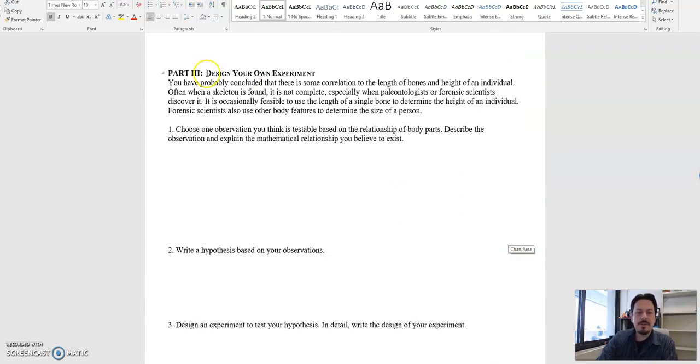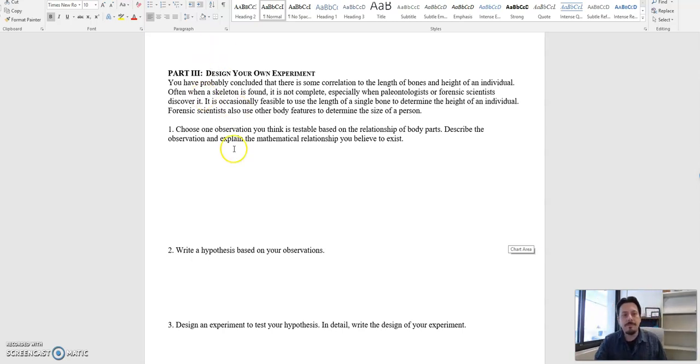We're then going to ask you to design your own experiment. We're going to ask you to make a hypothesis and test if something else of your body is correlated. For example, what a lot of people do is say that the length of their shoe equals the length from their wrist to the elbow.